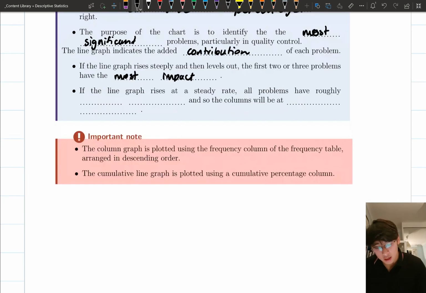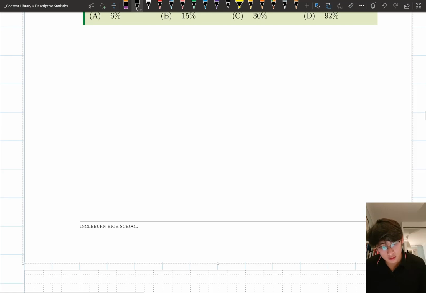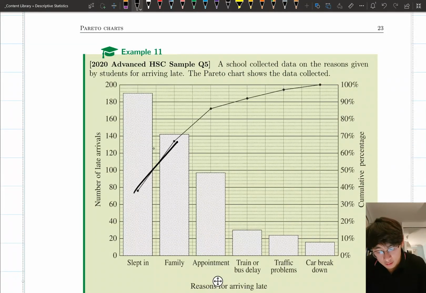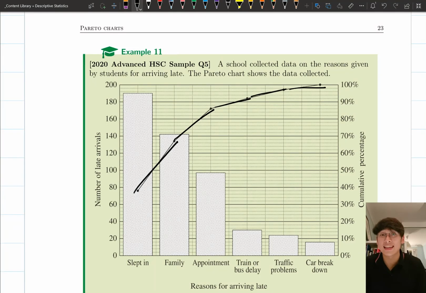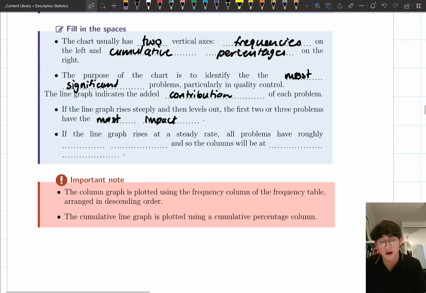If you have a look at this Pareto chart, the first couple of lines are fairly steep, and you start to notice that it tapers off. The lines get less and less steep. So the first couple of issues are usually the biggest, and that's what companies usually identify when they're looking at this in quality control.